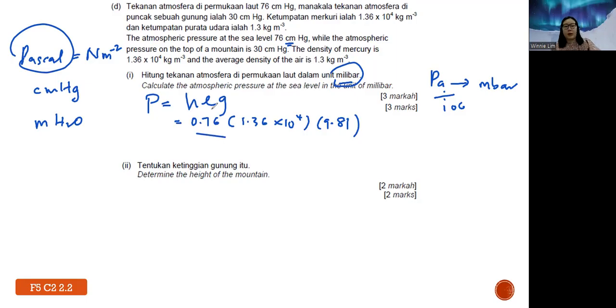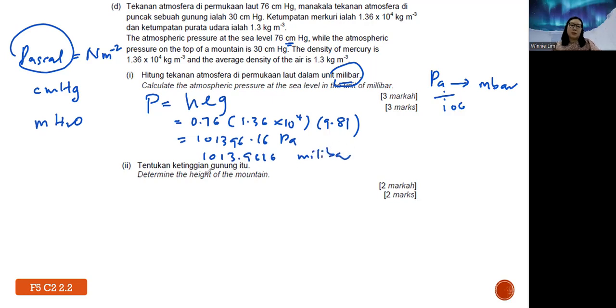So you will get about 10136.16 Pascal. Then to change to millibar, you divide by 100, so it's about 1013.9616 millibar.